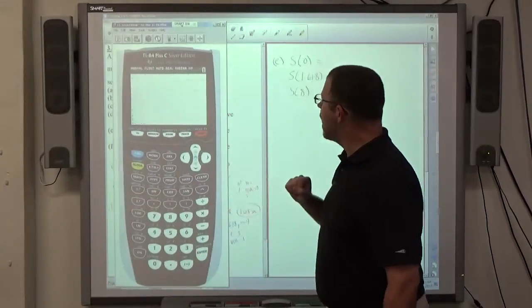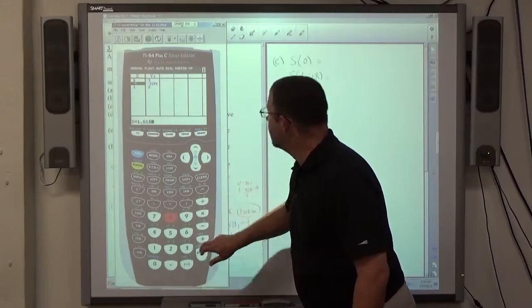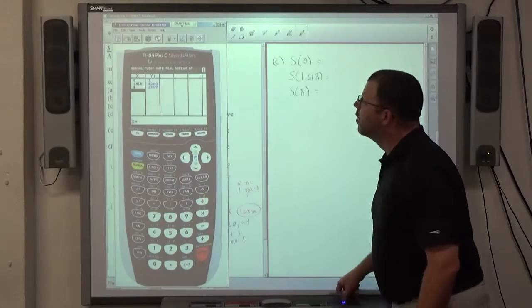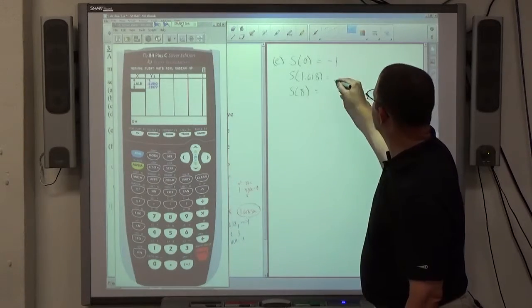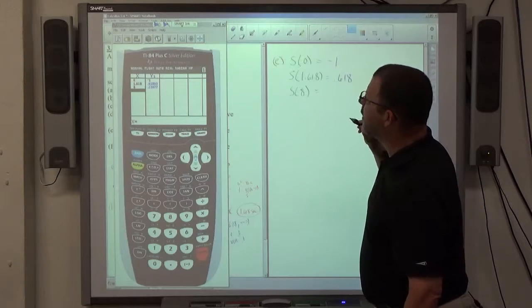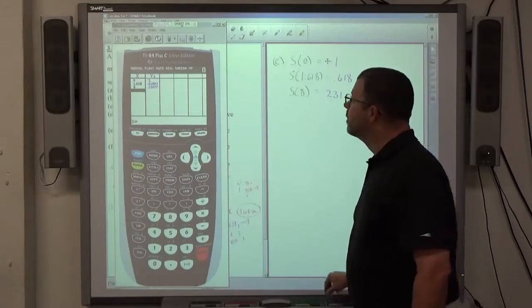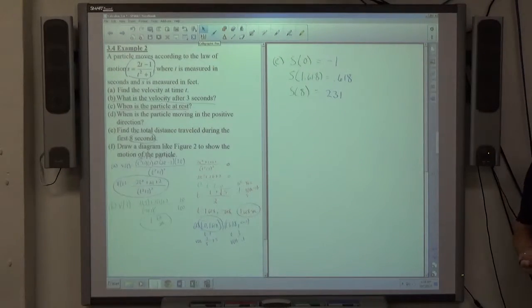So 0, 1.618, and 8. I got negative 1, I've got 0.618, that's interesting, and I've got 0.231. So I know approximately where it's at each of those moments.